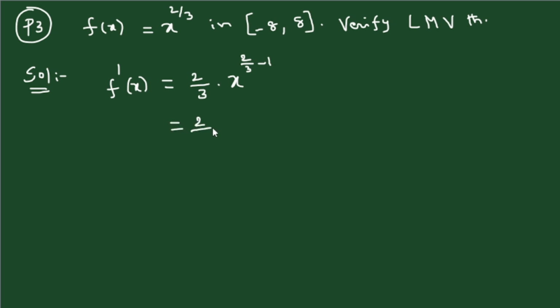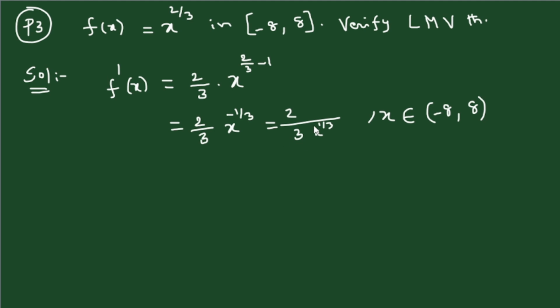So therefore it is 2 by 3 x power minus 1 by 3. It is 2 by 3 into x power 1 by 3 in the denominator, right? It is in the denominator, and x belongs to the interval [-8, 8].